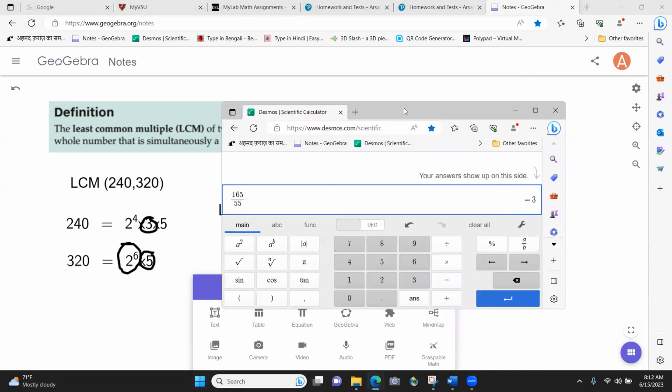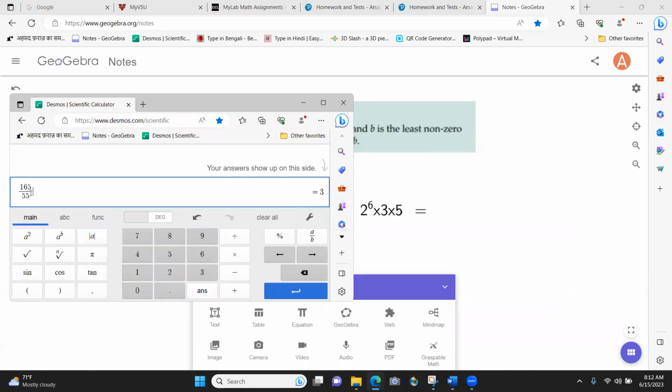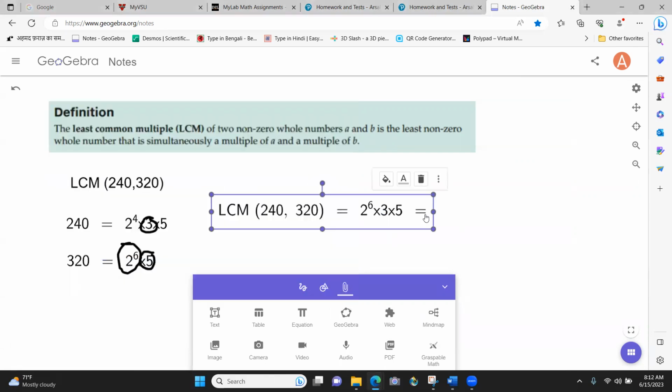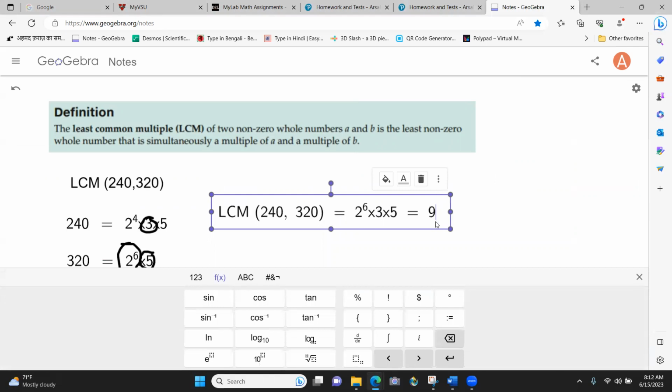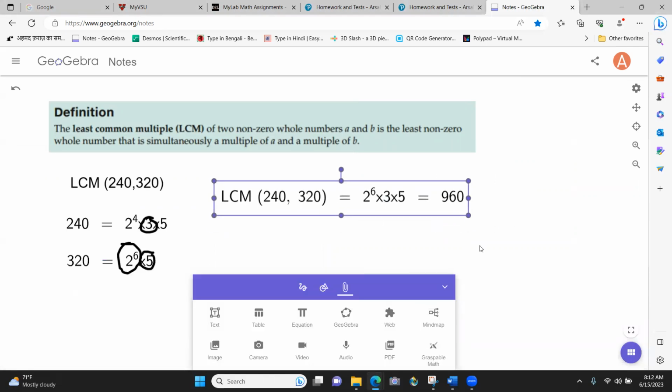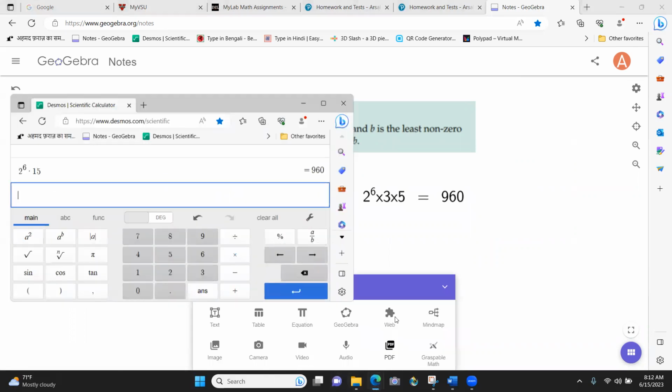So 2 to the power 6 times 3 times 5. 3 times 5 is 15. 960 is what I'm getting, okay? 960. Now, it is the lowest common multiple, but you want to see if it's a multiple, and I hope it is. We're going to show you.